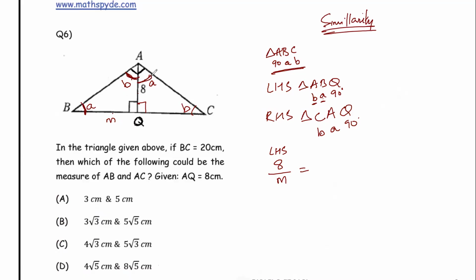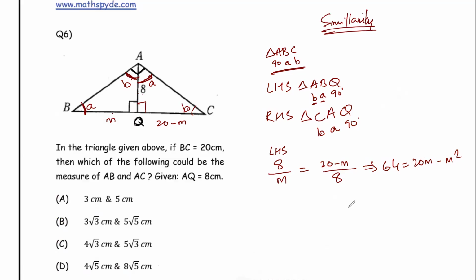Opposite angle A we have 20 minus M, and opposite angle B is 8. So here we got our first equation, 64 is equal to 20M minus M square.